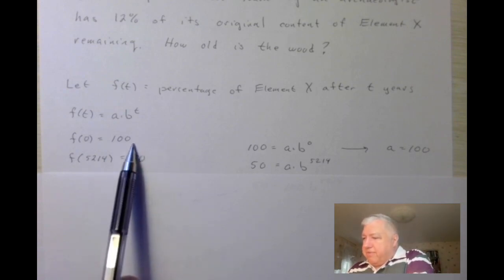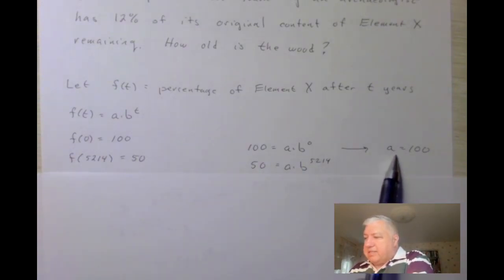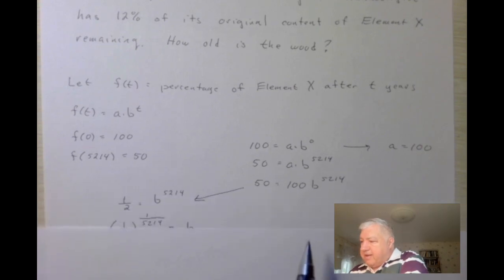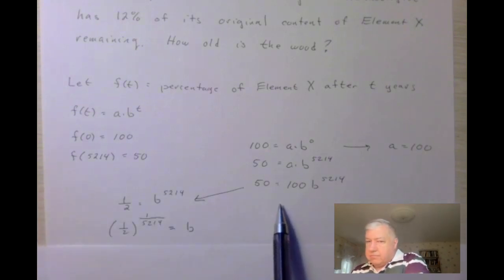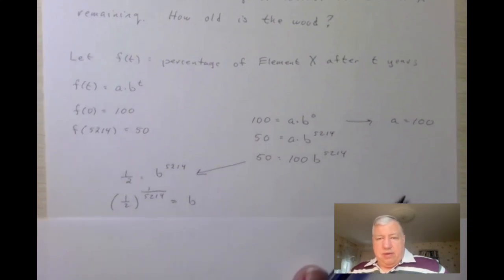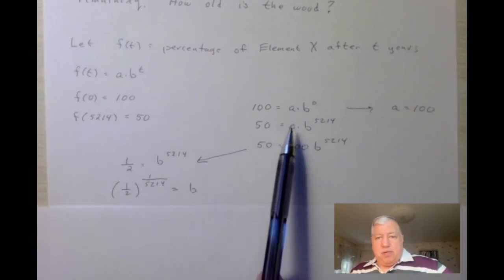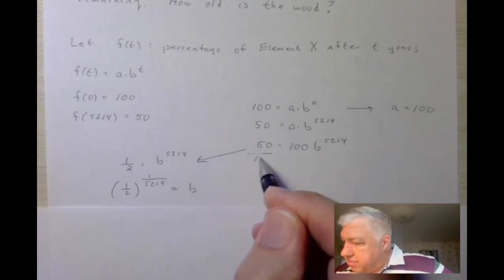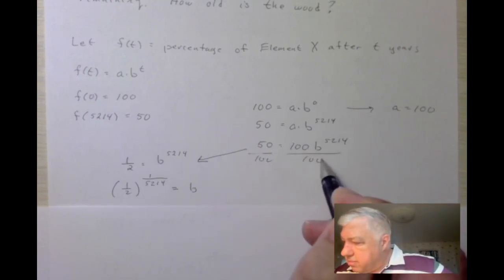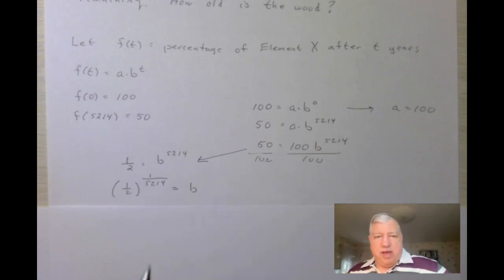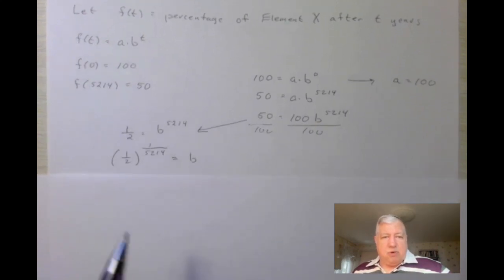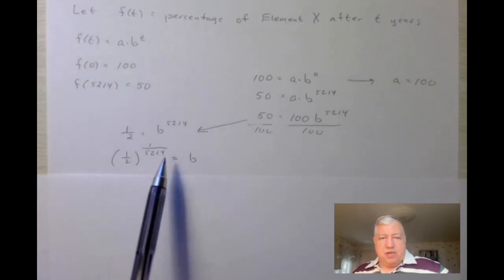Once again, from the first equation, we get that a has to be 100 because b to the 0 is 1, and we can substitute that in. So we replace a with 100, then divide both sides by 100. 50 over 100 is 1/2, so we have 1/2 equals b to the 5214. Now we raise both sides to the 1 over 5214 power.